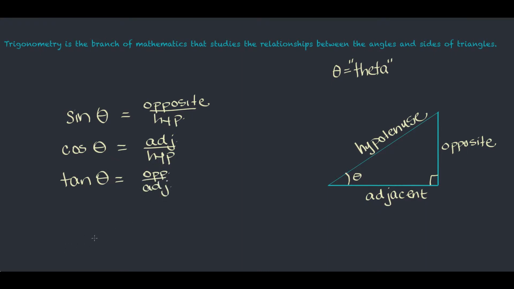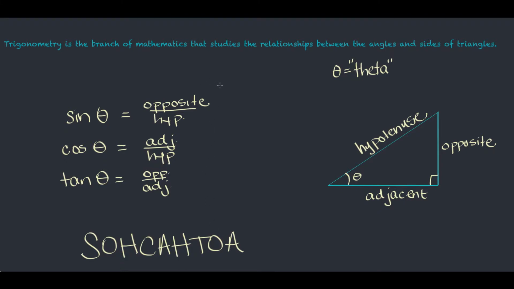And this you probably remember, SOHCAHTOA. This is our little saying that reminds us of the relationships of the different ratios: sine, opposite to hypotenuse; cosine, adjacent to hypotenuse; tangent, opposite to adjacent.